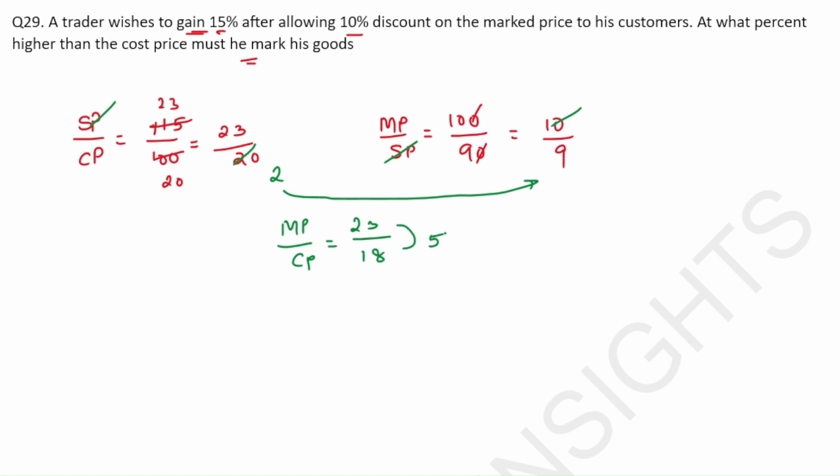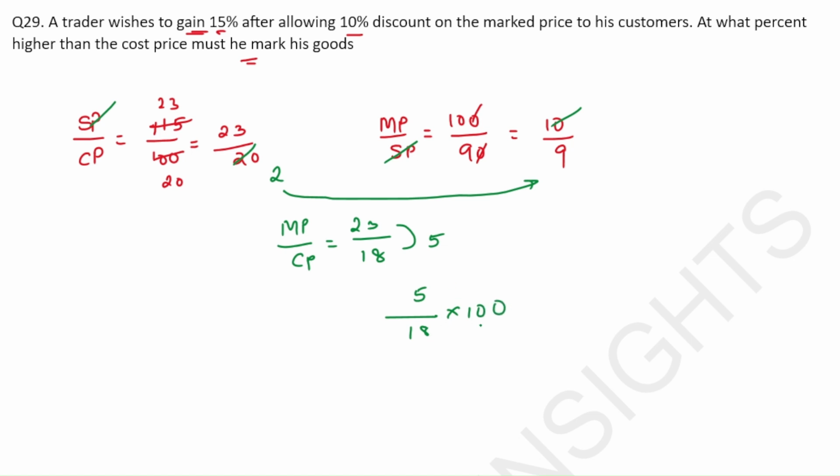So that means the trader has to mark 5 parts more than the cost price to get a 15% gain after allowing a 10% discount. So to find the percentage, it will be 5 divided by, it will always be with respect to cost price, that is 18, into 100.